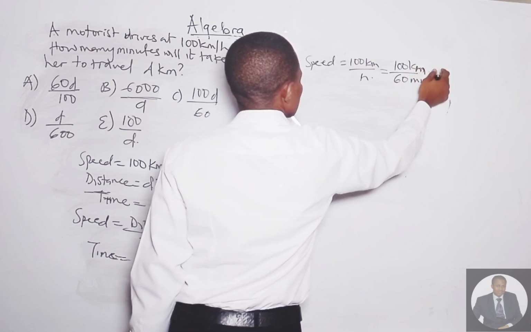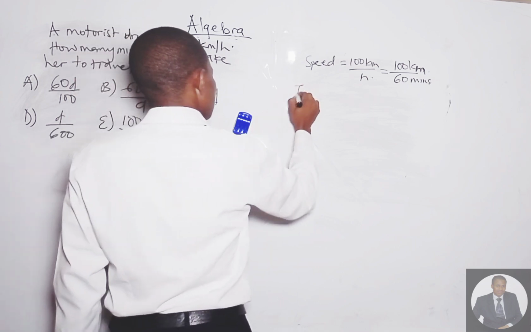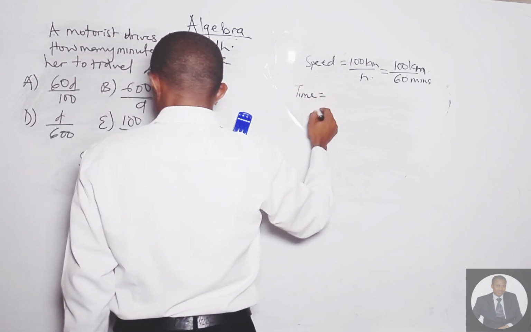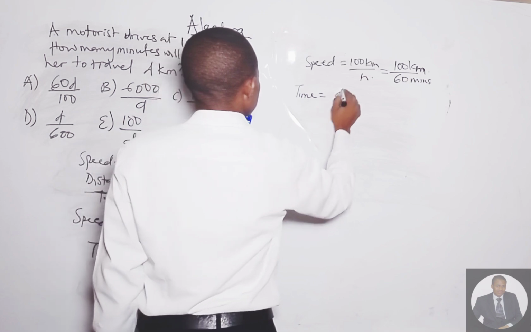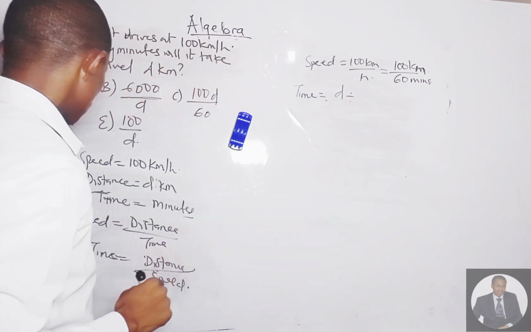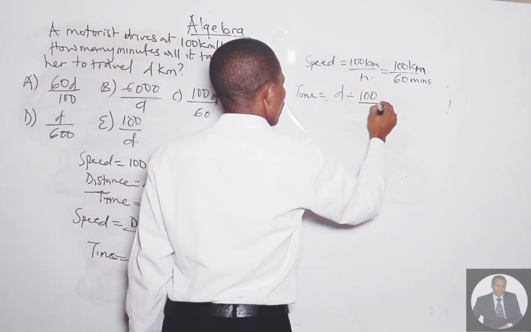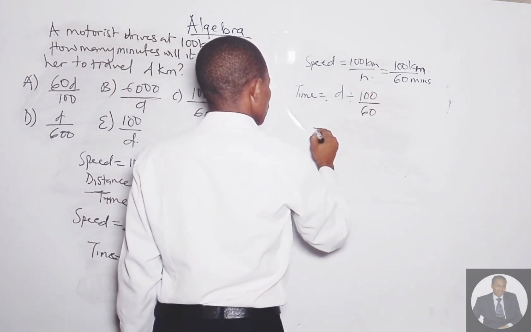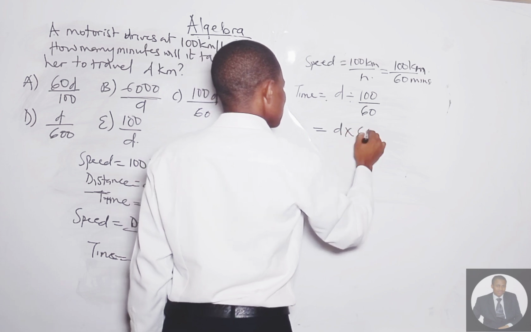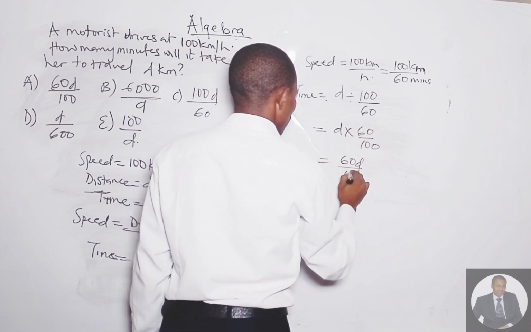So we want to use this method, 60 minutes. So we'll say time, T, is distance. What is distance? D divided by, what is the speed? 100 over 60. So that will be D times 60 over 100. That will give us 60D over 100.